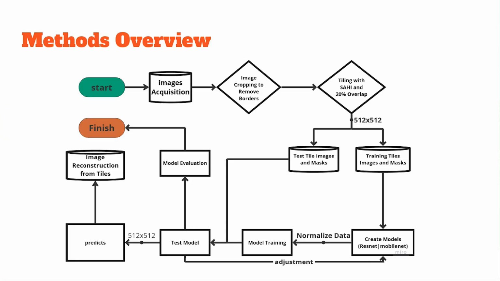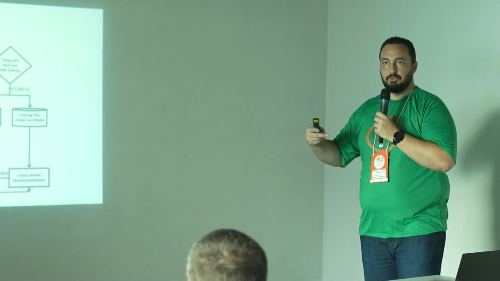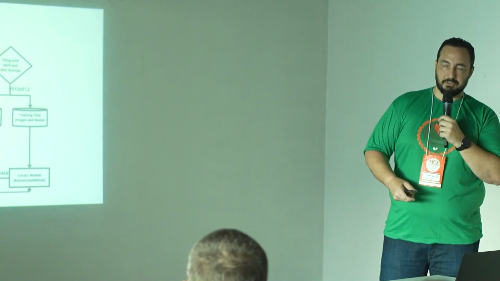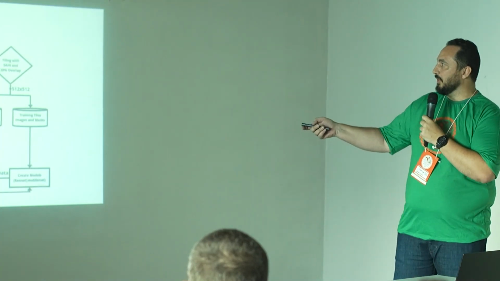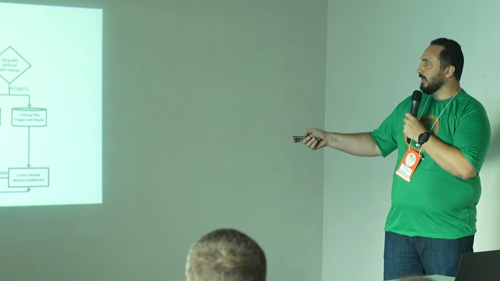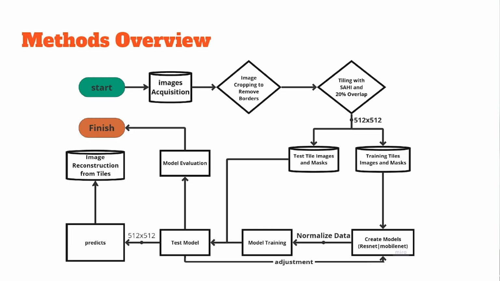Okay, this is an overview of the methods. We go through the image acquisition and all the processing to prepare the images for the machine learning process. We tile the image. I will give some details of this process later. Just now is just an overview.